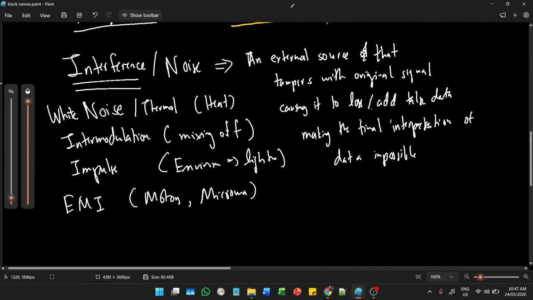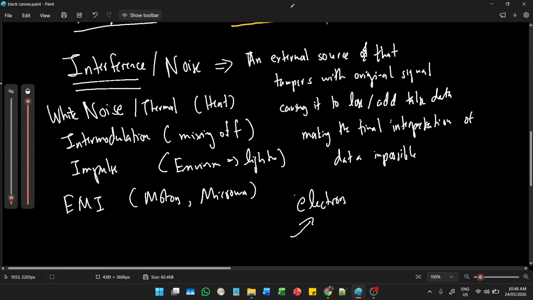I would love for every single one of you to have your own idea of what it is. So essentially, when we take electrical signals, we're talking about electrons, right? So anything that interferes with these electrons is considered noise. Now, for instance, heat can do something to electrons that's going to make them wonky.